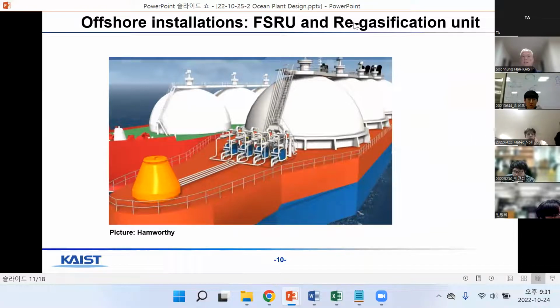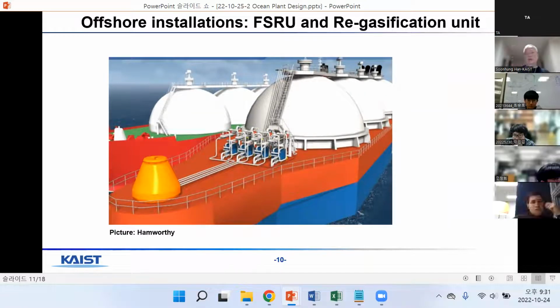And this is a regasification system, because the liquefied natural gas should be kept at minus 160 degrees Celsius. Room temperature gives it energy for gasification.